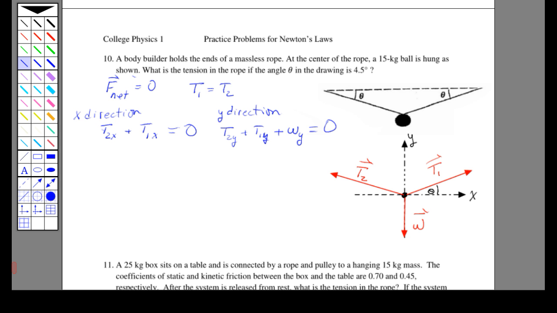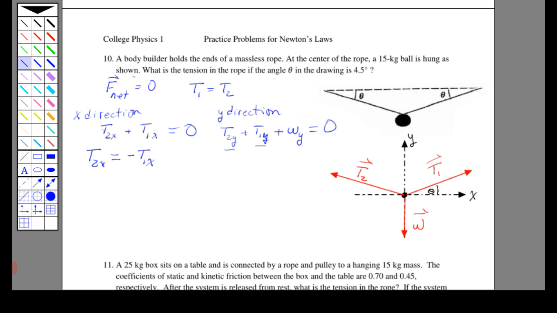Alright, now, where do we go from here? Well, let's look at the first equation in the x direction. No surprise here that the x component of T2 should be the same, except the negative of T1x. What else can we say? Well, we know because of the symmetry that T2y and T1y are going to be the same.